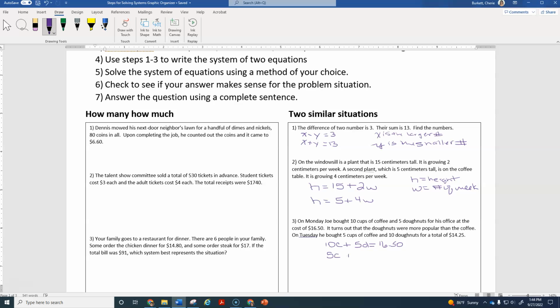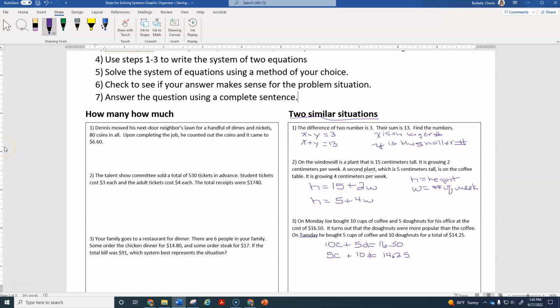So you're going to do 5 cups of coffee plus 10 donuts. And he spent $14.25. Situation 1, situation 2, 2 different days. A lot of times it might be 2 different businesses. Business 1 will charge this much, and business 2 will charge that much. So it just depends on what the situation is, but usually when it's 2 similar situations, you just define your variable and then write down what it says.